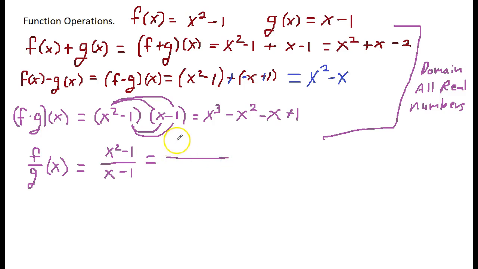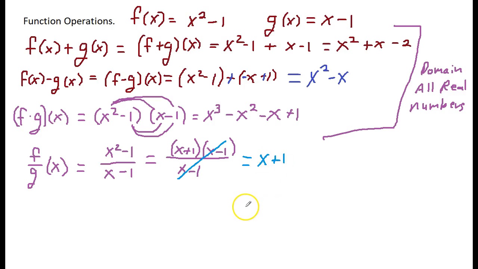It's a difference of two squares. It factors into x plus 1 times x minus 1. And our denominator is x minus 1. You notice we have something alike. We have an x minus 1, so I can cancel out an x minus 1 from top to bottom, and I'm left with x plus 1.